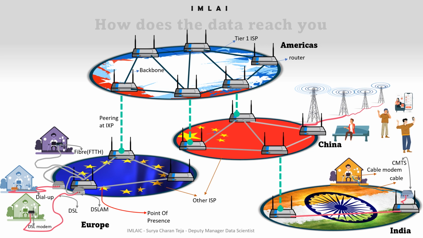Now let us look into one more concept, called Tier 1 Internet Service Providers. At the top of the food chain are a small handful of companies like AT&T and Sprint.